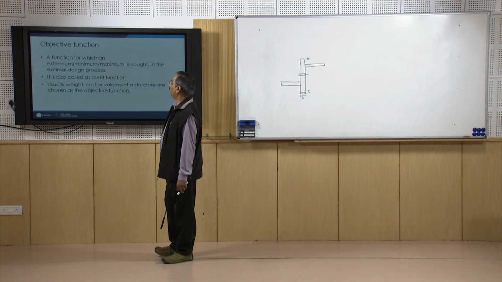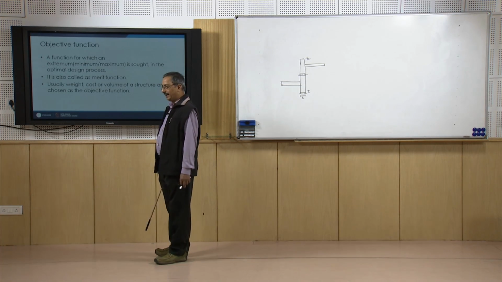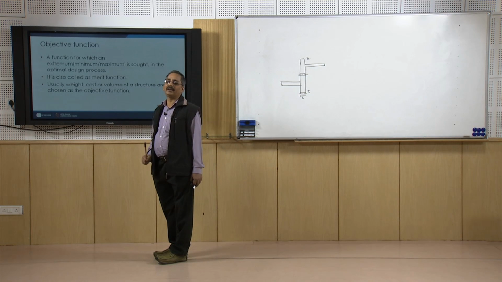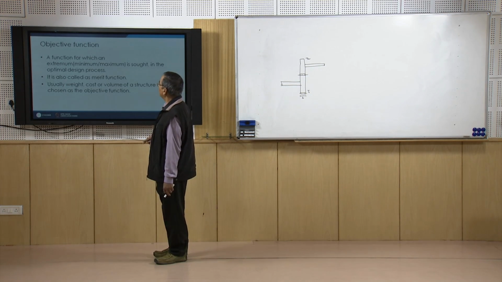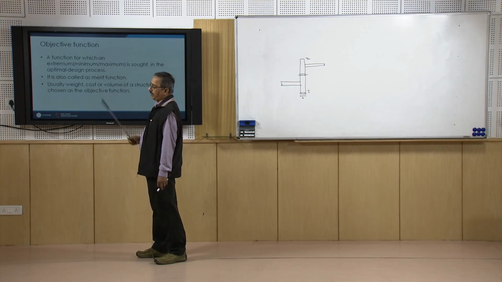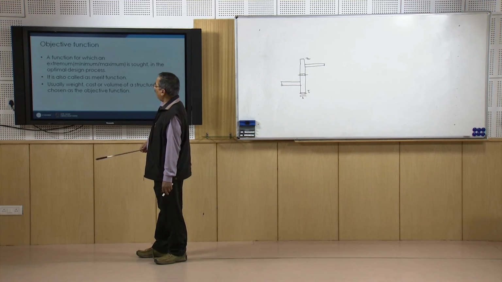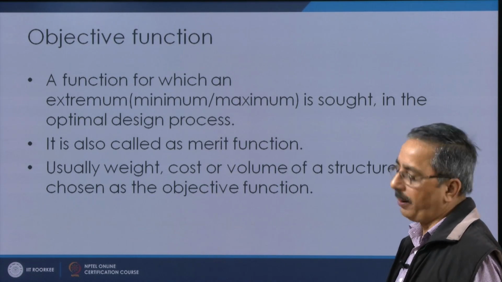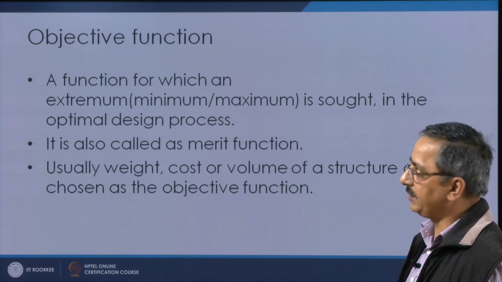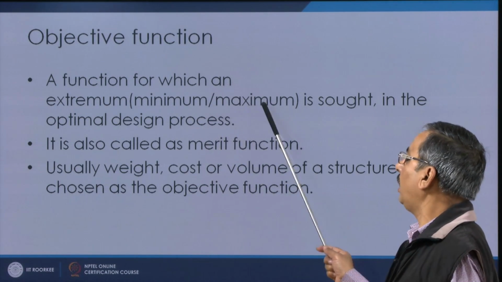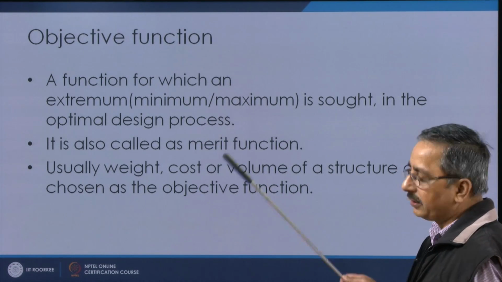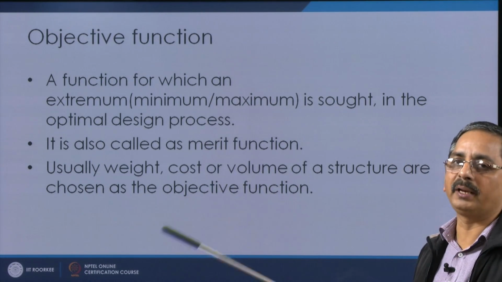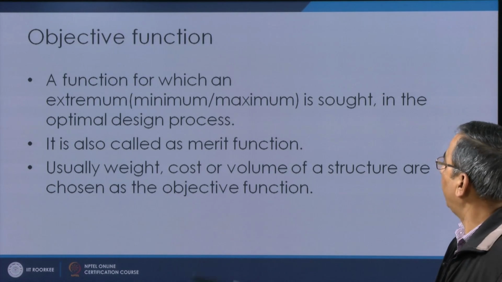After seeing the design variables and the constraints, next is the objective function. A function for which an extremum is sought, and as I said the extremum could be minimum or maximum. In fact, we can convert a maximum problem into a minimum problem as well.